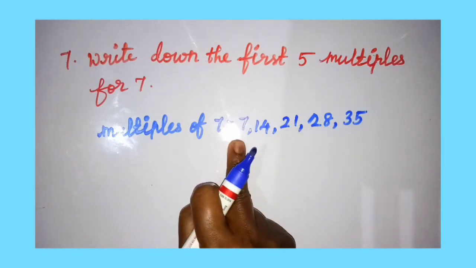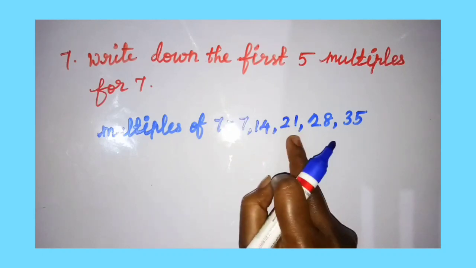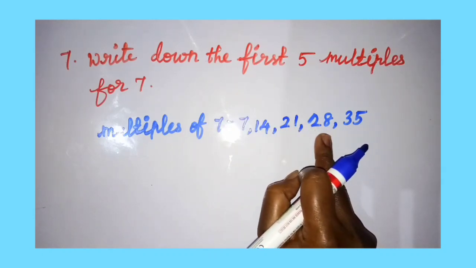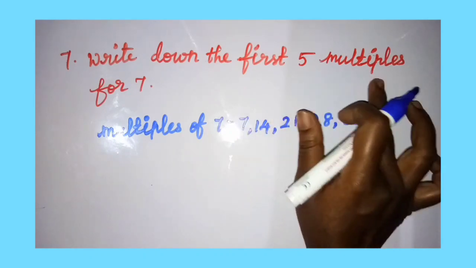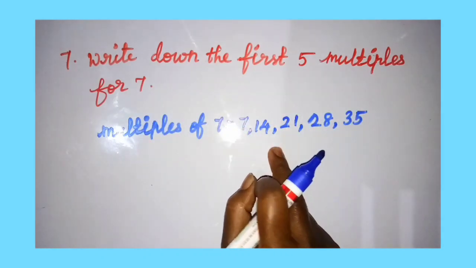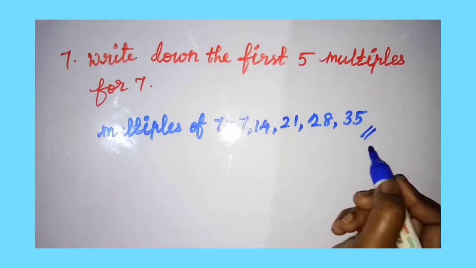So 1 time 7, second time 14, third 21, fourth 28, fifth 35. So we write the 5 multiples of 7. So these are the multiples of 7.